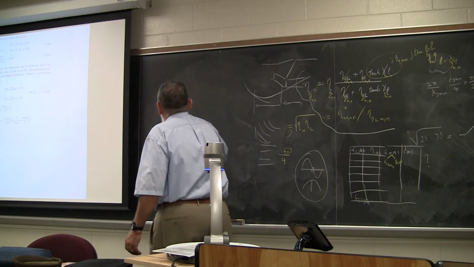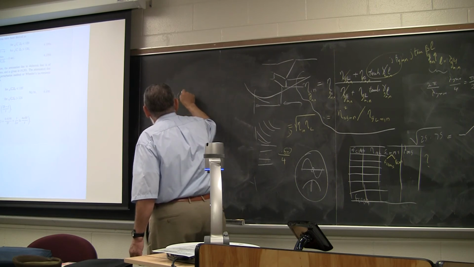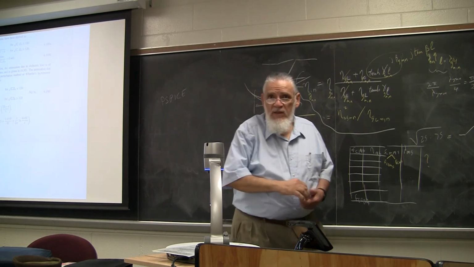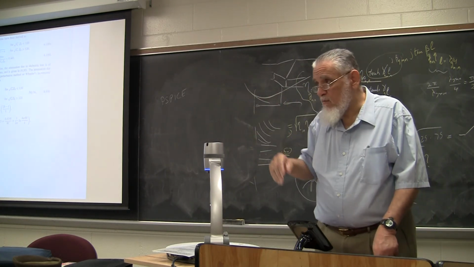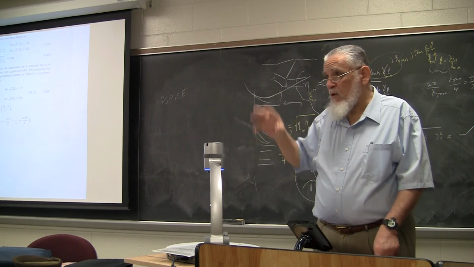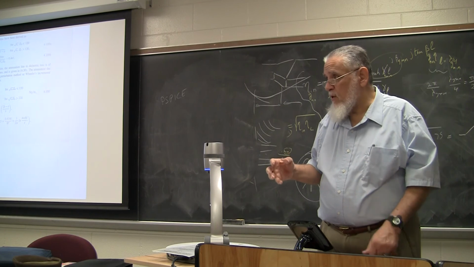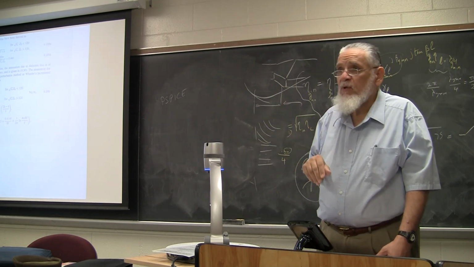So we resort to something like PSpice. Remember PSpice or Spice? Spice had these built-in models that were verified and authenticated, and you just pick them and throw them in a circuit and assemble your circuit. Here's your transistor, here's your resistor, here's your inductor, and you put them in.